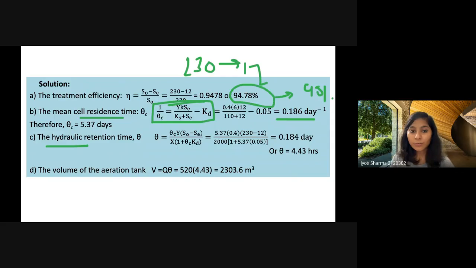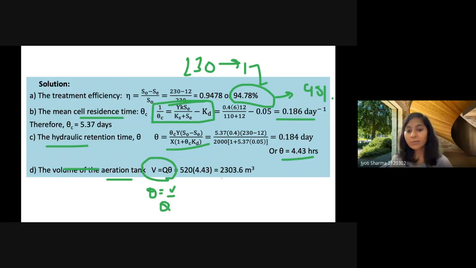Using that formula you can also calculate this. And then the volume of your aeration tank, we also learned this formula, right? Retention time equals V upon Q. From there we can calculate the volume of your aeration tank. So this will be this much.